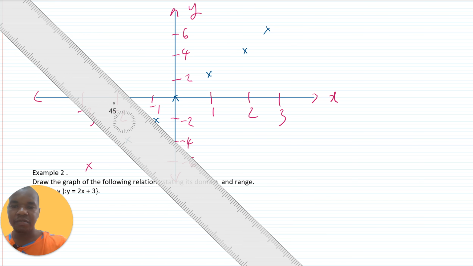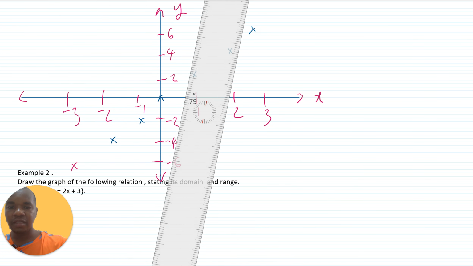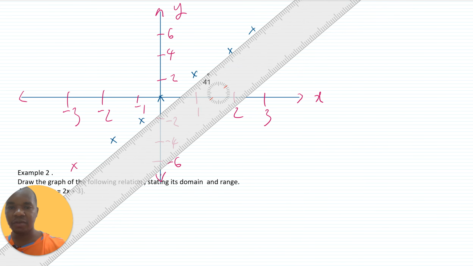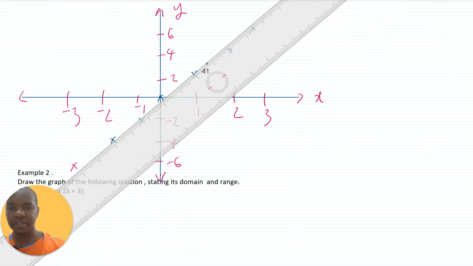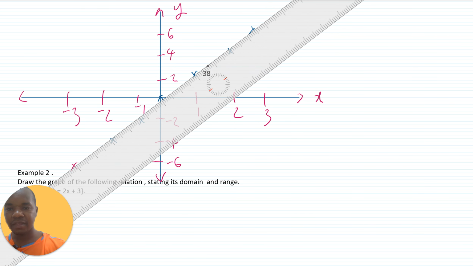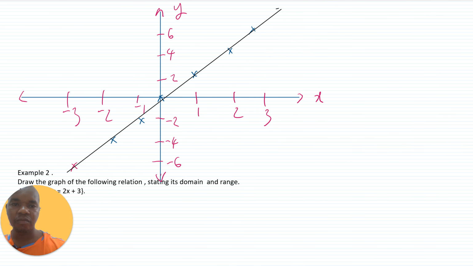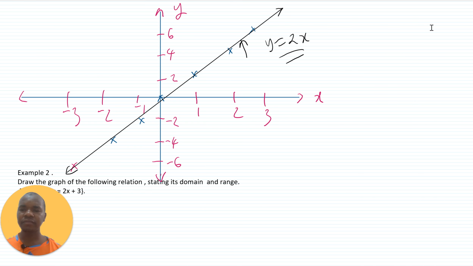Then you're going to take a ruler. You are going to combine all these points, dear students, because it's going to be a free sketch, so the graph might not look very smooth, but basically this is how we sketch the graph. So this is the graph of y equals 2x, dear students.